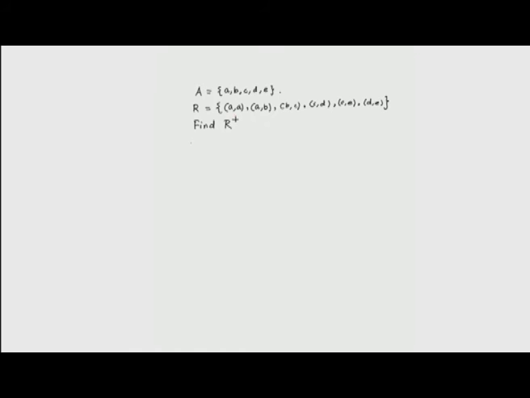In the first step, we construct M_R. Now, if we check carefully, we will see that M_R is 1 1 0 0 0, 0 0 1 0 0, 0 0 0 1 1, 0 0 0 0 1, and the last row is all 0.